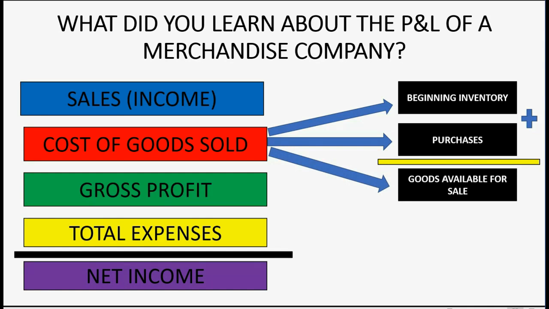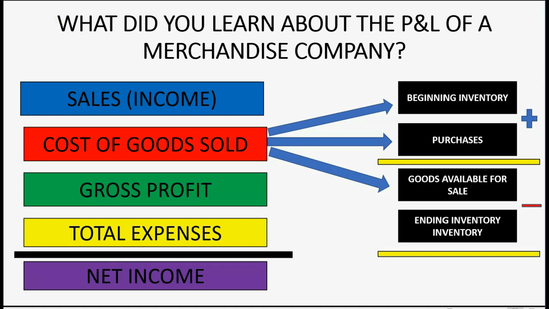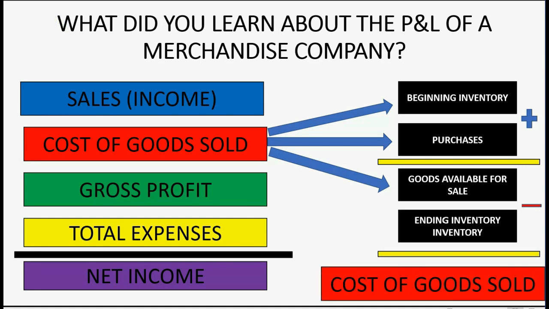And the last logical step to back into finding what the cost of goods sold is to subtract out your ending inventory, and then once you get that result, then you have the cost of goods sold to put into your income statement, subtract from your sales income to find your gross profit.